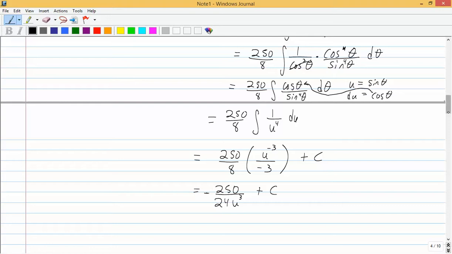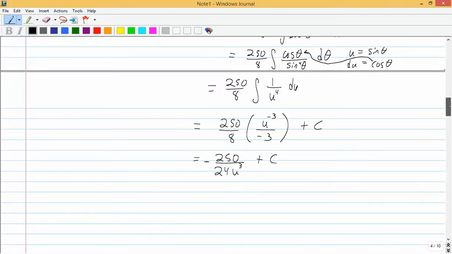And so I just need to plug in for my u now. What was my u? Sine. So this is going to be negative 250 over 24 times sine cubed theta plus c.